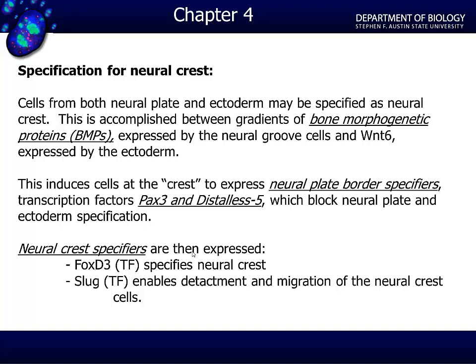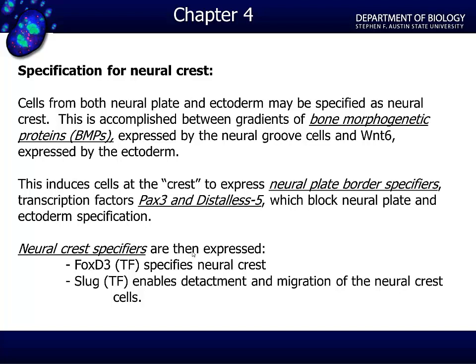We've got bone morphogenetic proteins again, these BMPs. They're going to be expressed by neural groove cells, but we have another very potent transcription factor and a very potent morphogen, Wnt6. This is going to be expressed by our ectoderm. Now, these are very much controlling throughout development. We've seen many of these already. Wnt6 is a new one.